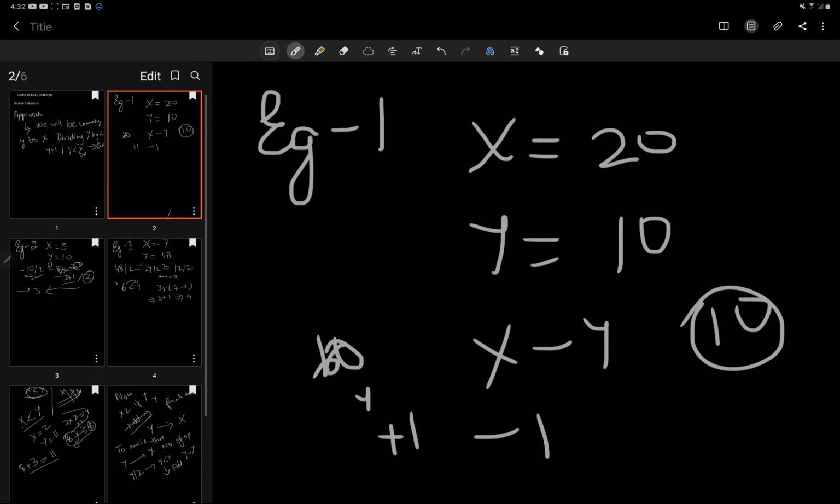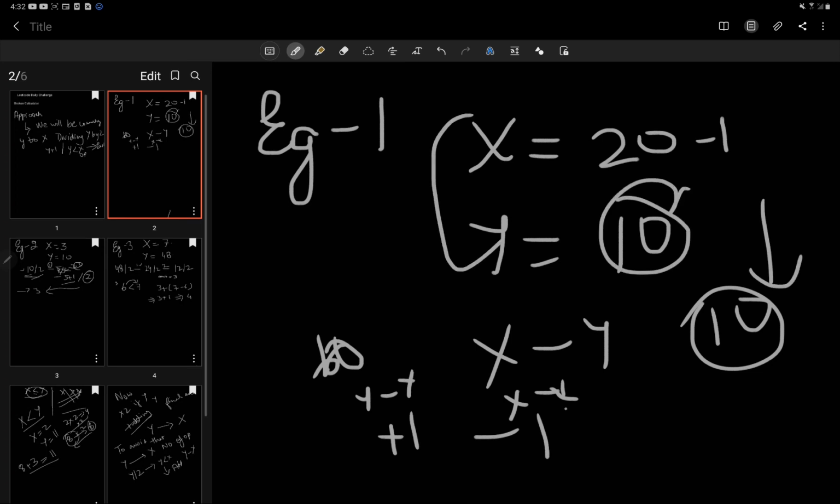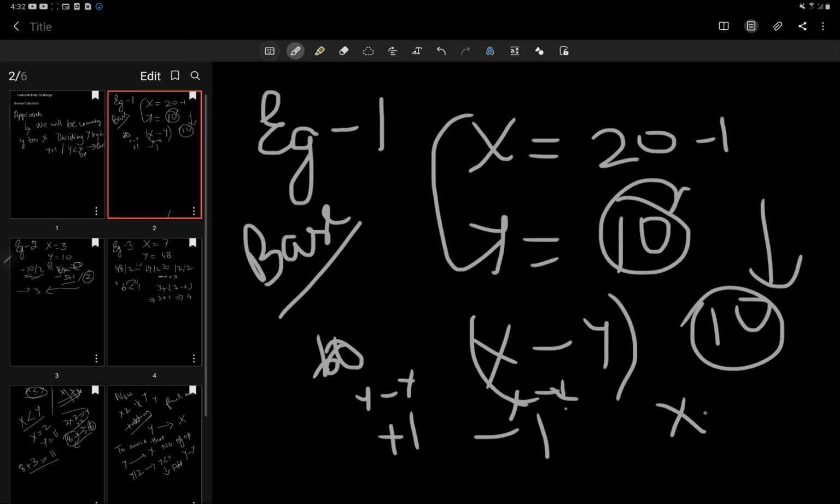If we are converting from x to y and keep on subtracting 1 up to 10 times, we will get y. So this is a very simple case, and this can be our base condition as well. If x is greater than y, then our answer will simply be x minus y operations.